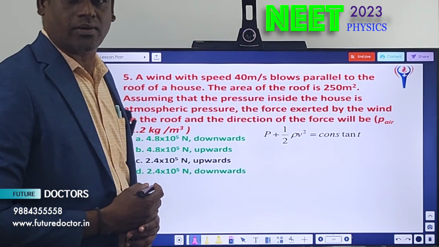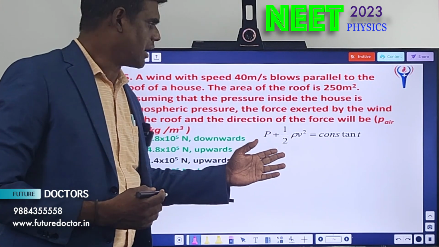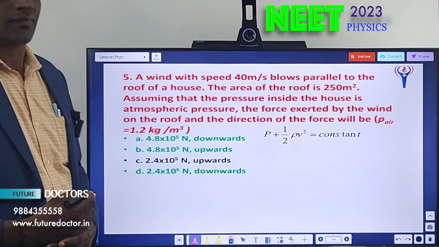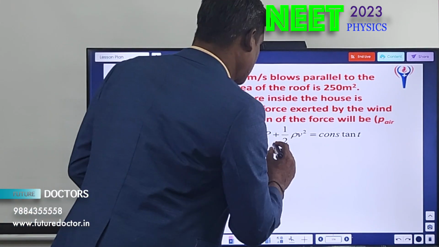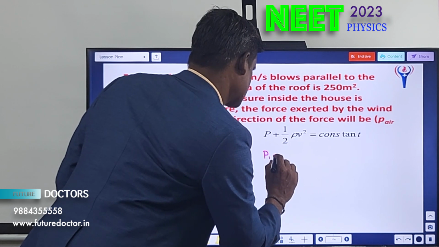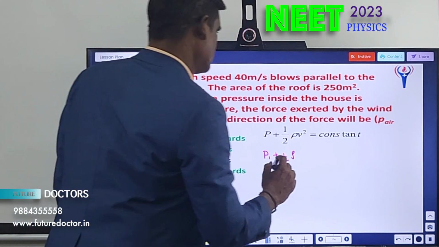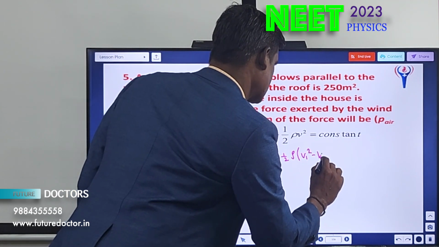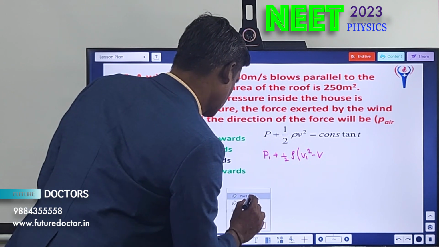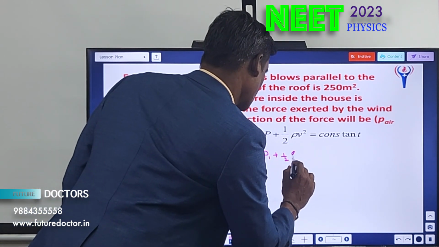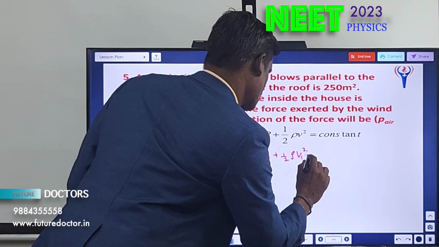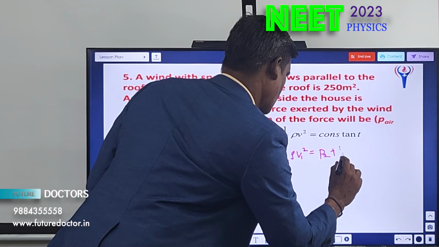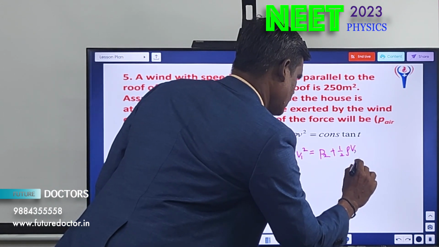This is Bernoulli's theorem formula, that is pressure energy and velocity energy. Pressure, rate and velocity rate is equal to constant. That only we are applying. Then P1 plus 1 by 2 rho V1 square equals P2 plus half rho V2 square.